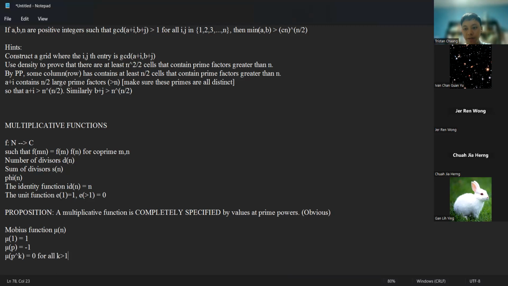So can anyone write out the complete form of mu for an arbitrary integer n? When is mu 0? Where does mu vanish? Sorry, I should write p is prime.